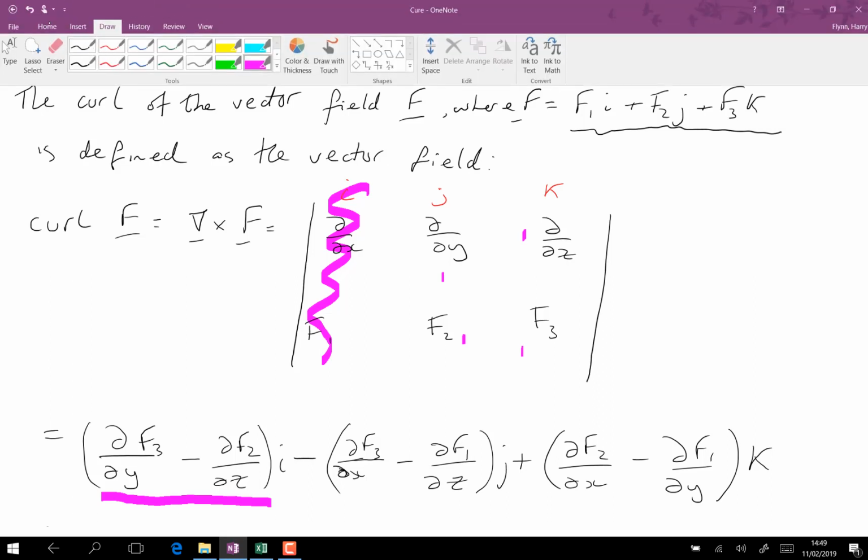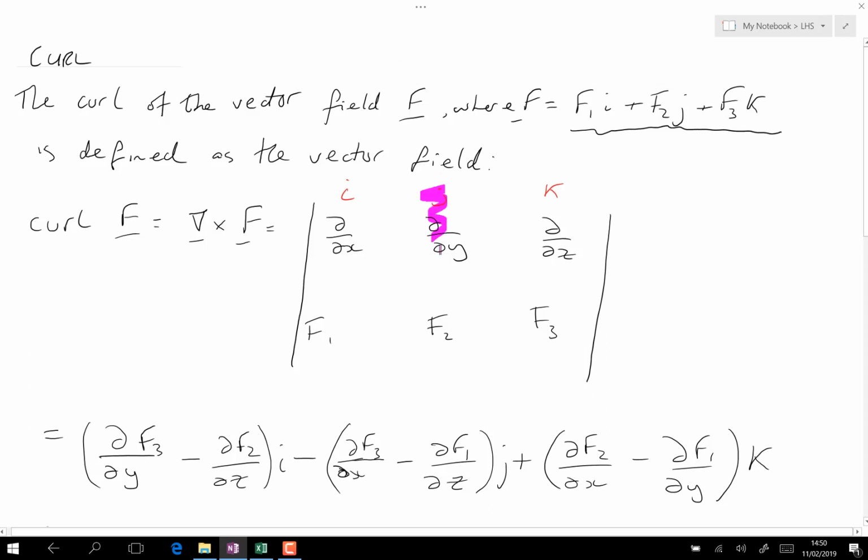If I wanted to find the coefficient for my j, bearing in mind of course that I need to do plus minus plus for my i, j and k, I would just cover up the j column like so, and I would be left with my AD and then minus BC, and that would give me my coefficient of j.